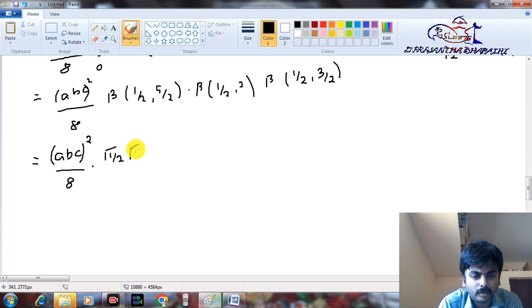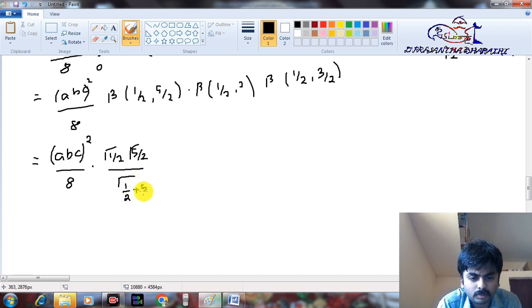This is because of the formula gamma of 5 by 2 divided by gamma of 1 by 2 plus 5 by 2, that is 6 by 2. Okay, I am writing it separately first here.